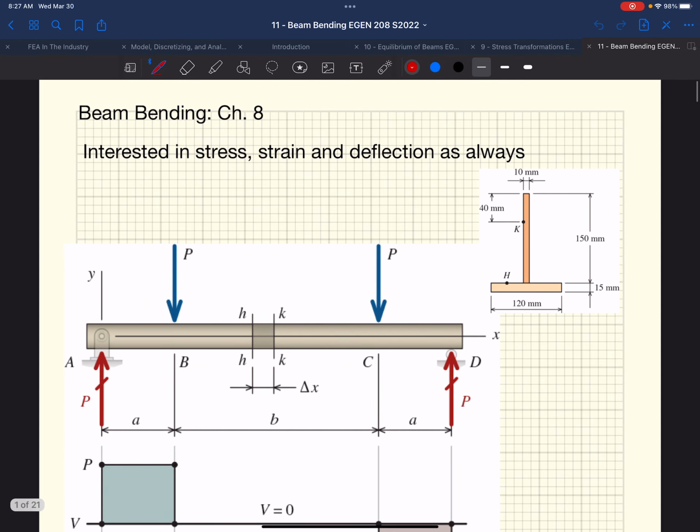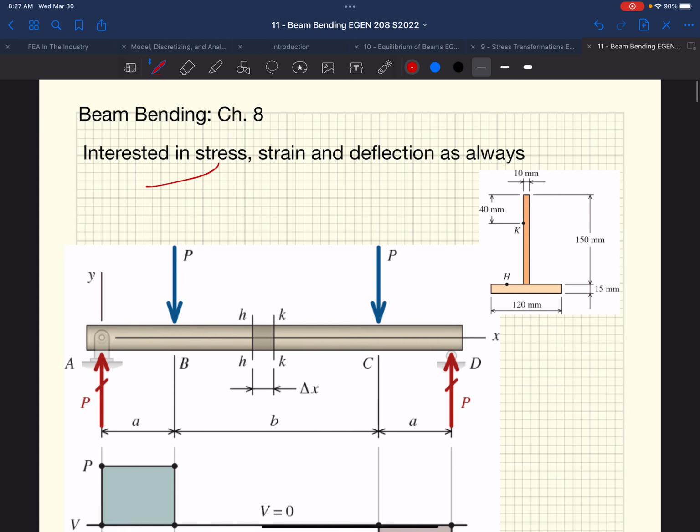So in chapter 8 of the text, it's all about beam bending. And as we have been looking at in class already, with axial systems and torsional systems, we're always interested in stress, right? Stress allows us to relate normal and shear stresses, allowable normal and shear stresses, right?